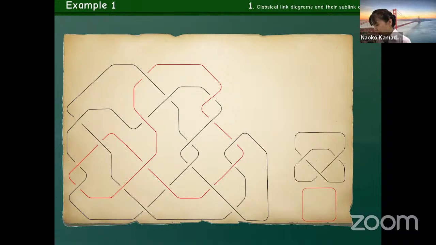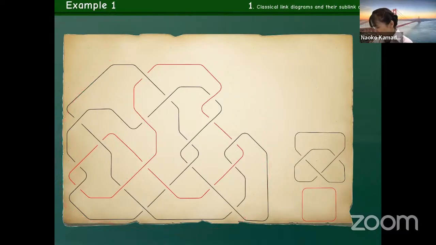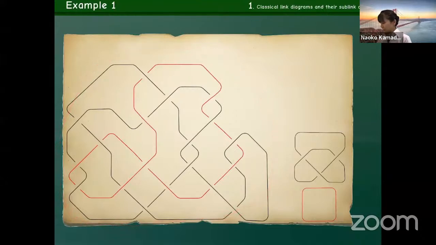So in the whole diagram, they are individual. They are transformed to this diagram.